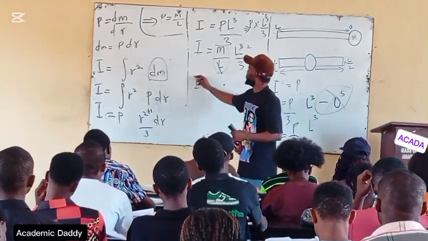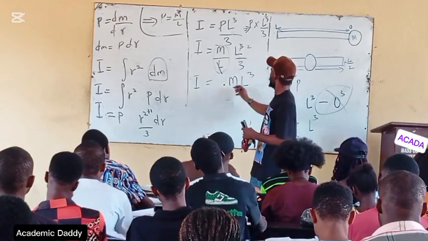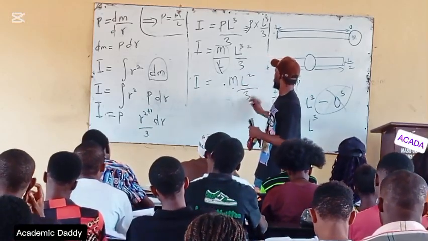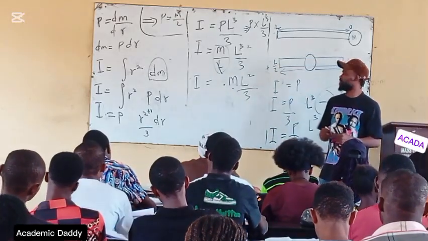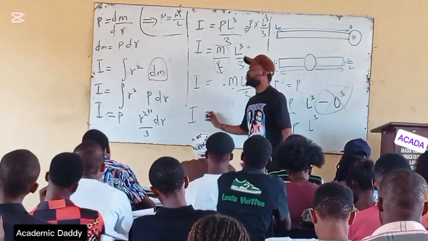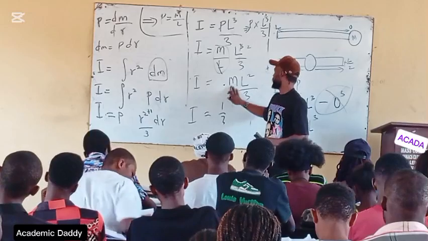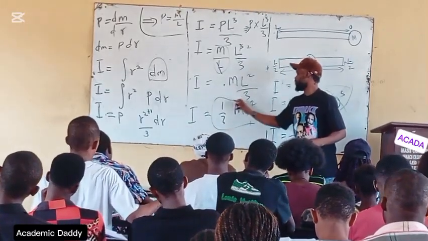So our moment of inertia is equal to M L squared over 3, shall we? Yes. So that is why you see in some cases, instead of leaving it this way, this is your final answer. But you see some textbooks, just the way you do with your equations of motion, they come at 1 over 3 M L squared. This is what they're trying to do there.